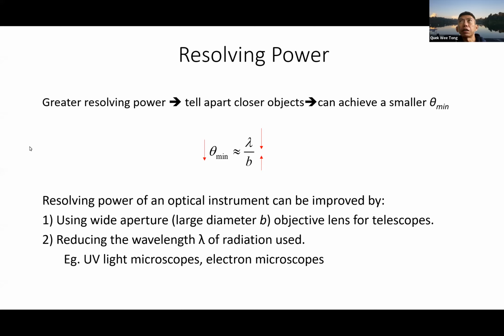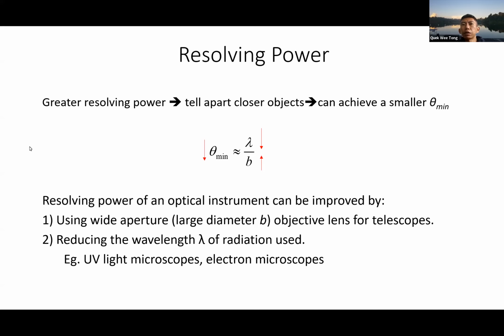How do we go about achieving that? But for visible light, there's actually a limit. This one can't be much smaller, because visible light is just 400 to 700 nanometer. If you want lambda to be small, use blue light. But blue light is also not much better than red light, so it's the same order of magnitude.